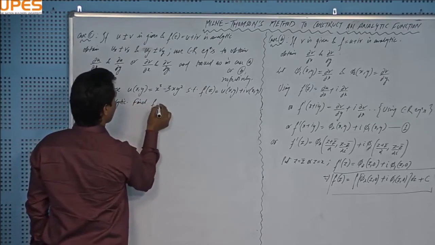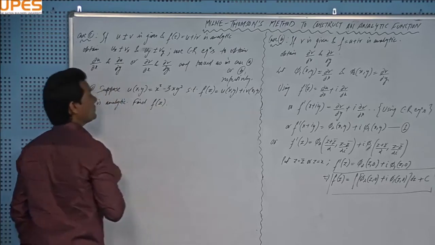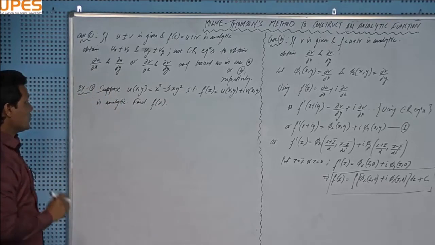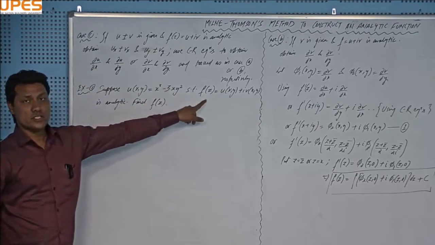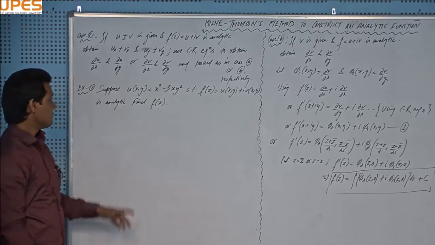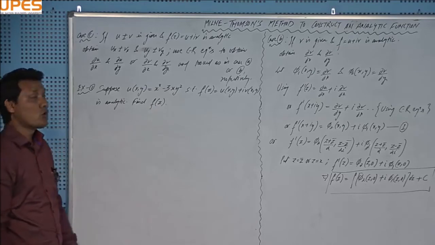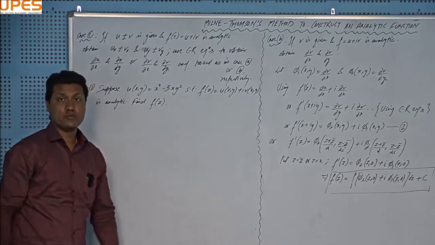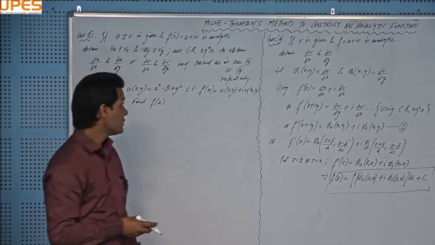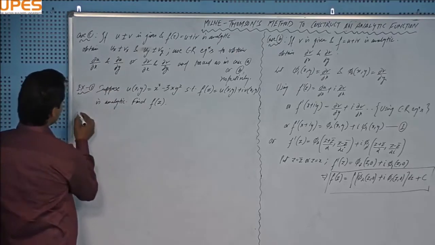Find f z. So you are given the real part of an analytic function, the imaginary part is not known, and we are interested in finding the analytic function f z without even finding this harmonic conjugate v, as we discussed in our last video. Solution.